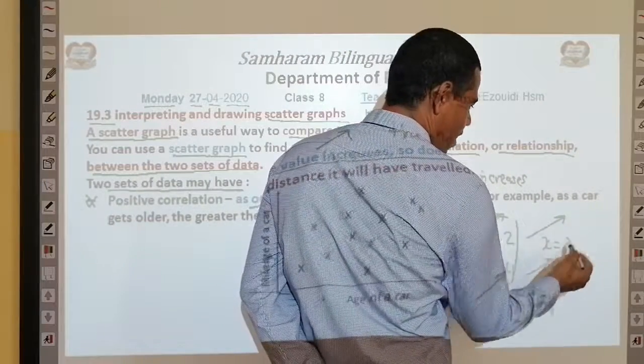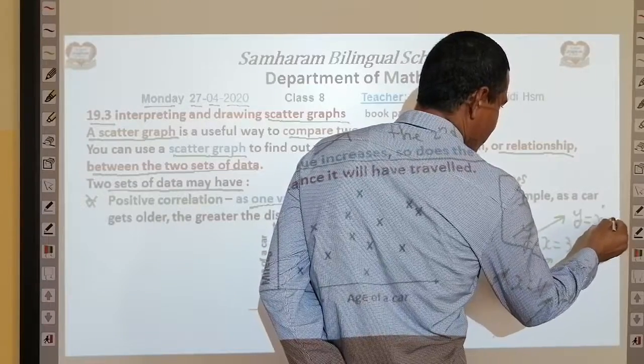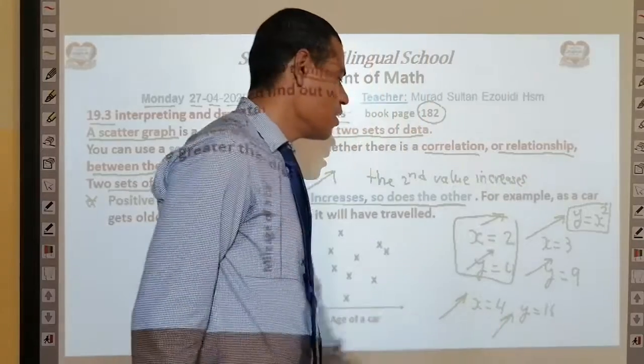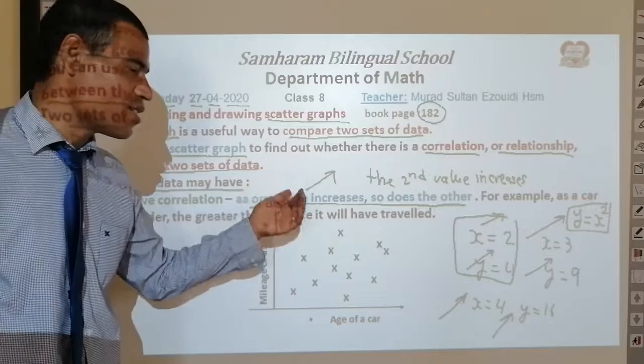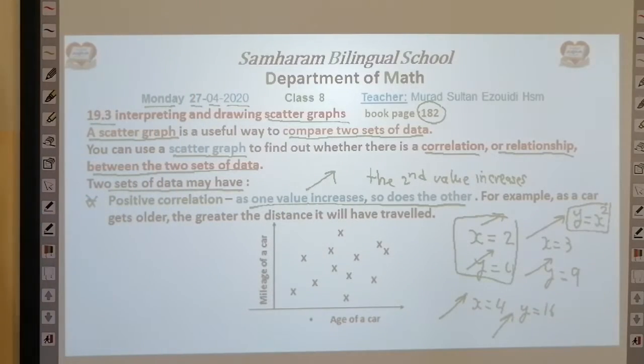The relationship between x and y is given by y equals x squared. This is a positive correlation, because the value of x increases and the value of y increases.